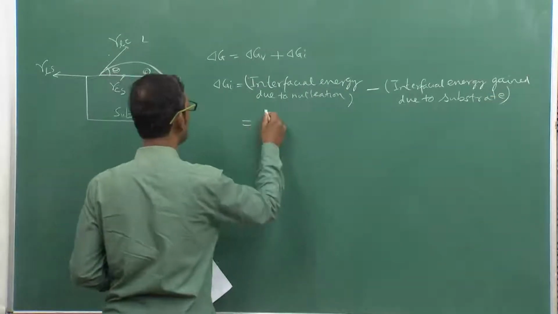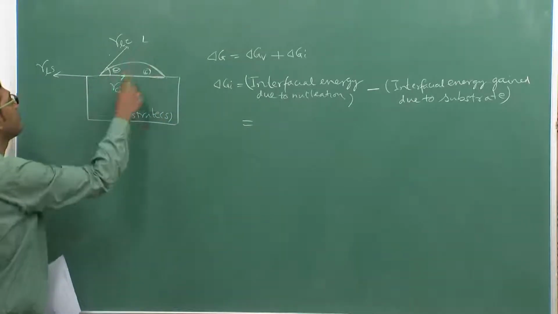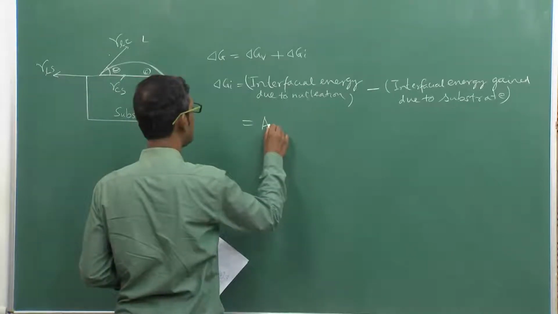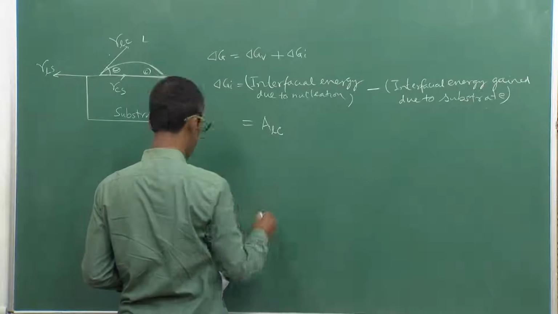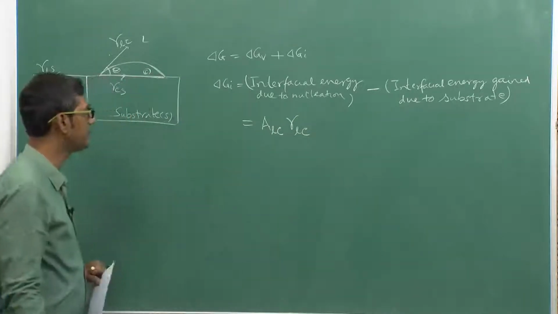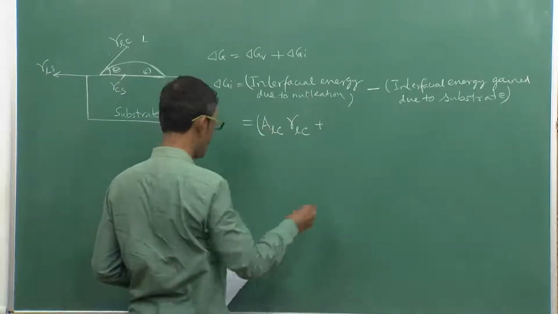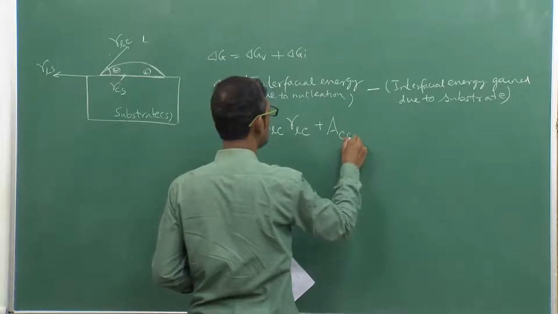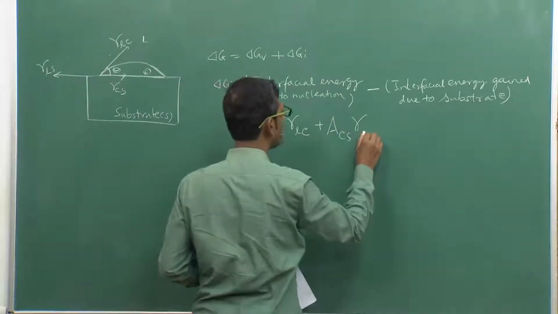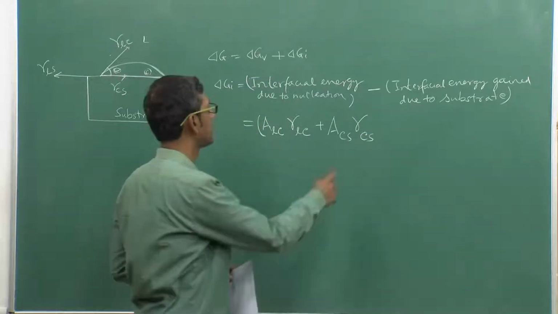The interfacial energy due to nucleation has two parts, one between crystal and liquid and the other between crystal and the substrate. So the surface area between crystal and liquid, A_LC, multiplied by the interfacial energy between crystal and liquid, plus the surface area between crystal and substrate, A_CS, multiplied by the interfacial energy between crystal and substrate.